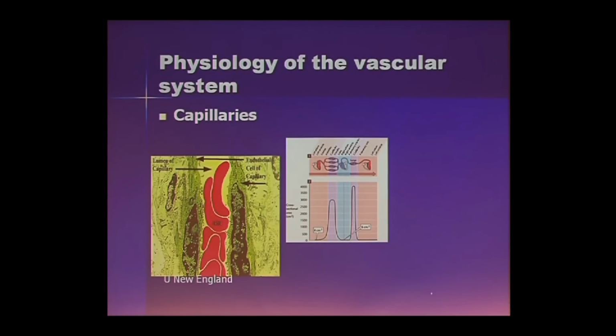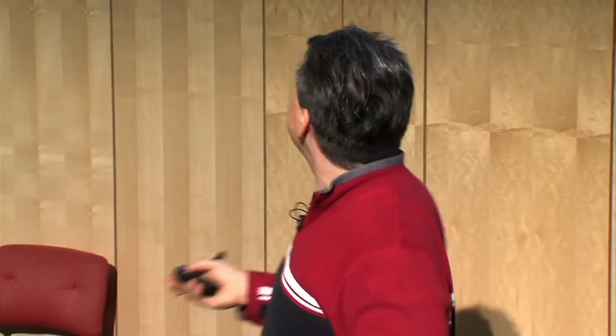Huge cross-sectional area. If you think about resistance, if you think of the radius of that cross-sectional area, what would you say the total resistance of the capillaries is? Very large or very low? Very low, because they are all in parallel, so you can essentially treat them like that.